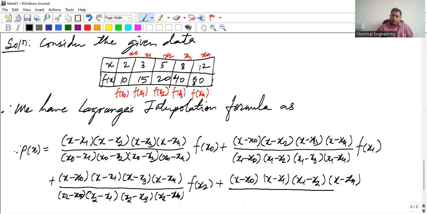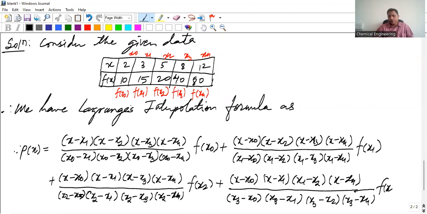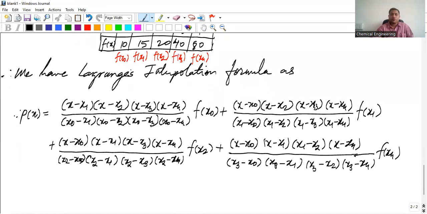This term corresponds to x3. So we have x3 minus x0, x3 minus x1, x3 minus x2, x3 minus x4, and we have therefore f of x3.